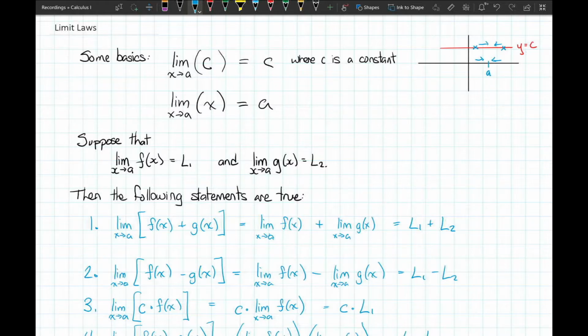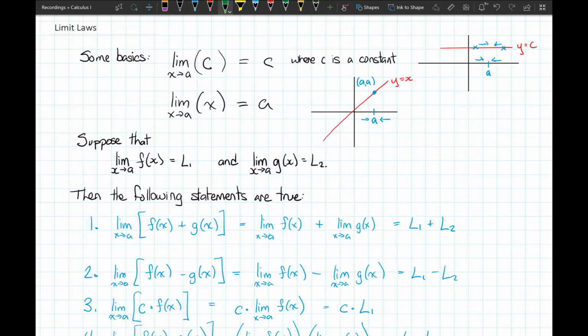Now, in this other case here, the limit of the function x as x approaches a. Well, we can try to imagine what the graph of y equals x looks like. Here is the graph of y equals x, and here is some value a. We wish to approach a from the left and from the right, and we do know that there's actually a point on the graph here at the coordinates a comma a.